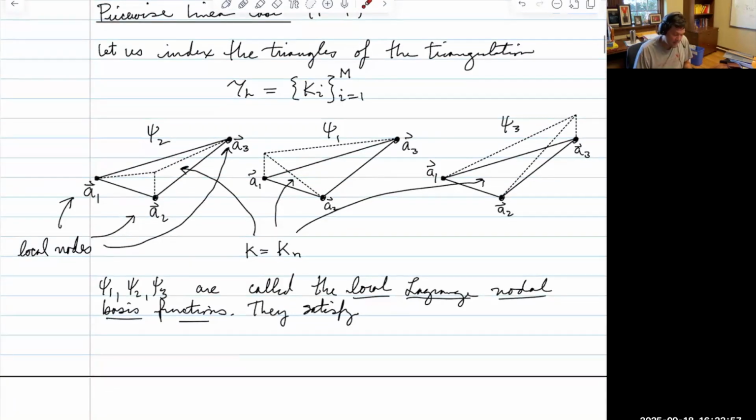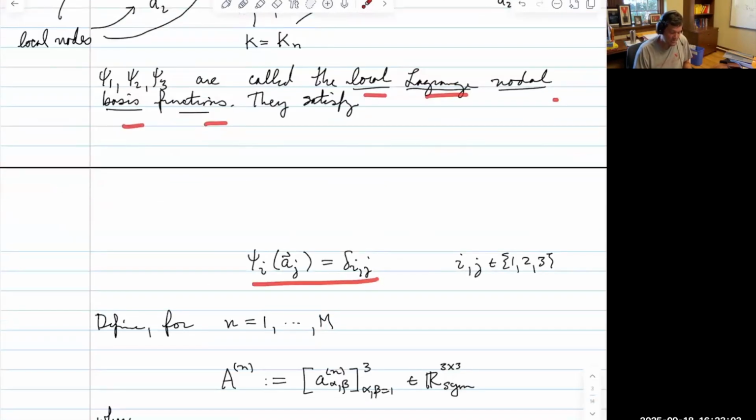So these are my so-called local Lagrange nodal basis functions. And of course, they satisfy the usual thing that a Lagrange basis function satisfies, that is, psi i at aj is the Kronecker delta symbol, delta ij, which I think you've all seen before. It's a function that is 1 if i and j are equal, and it's 0 otherwise.